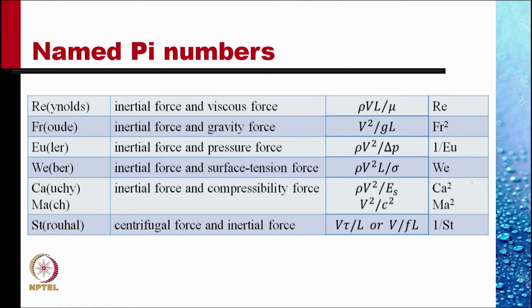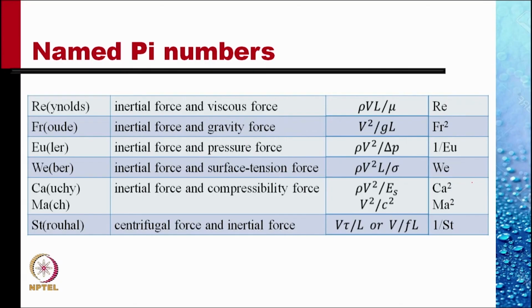These pi numbers are named in honor of the great scientists who have contributed to fluid mechanics, and they are denoted by the first two letters of the names of the scientists. For example, the pi number that is obtained by equating the scale factor of inertial forces and viscous forces is called the Reynolds number, written as rho Vl by mu, and is abbreviated as Re.